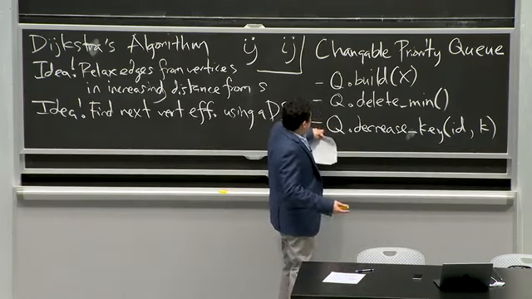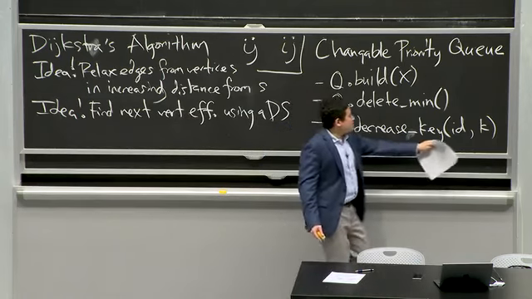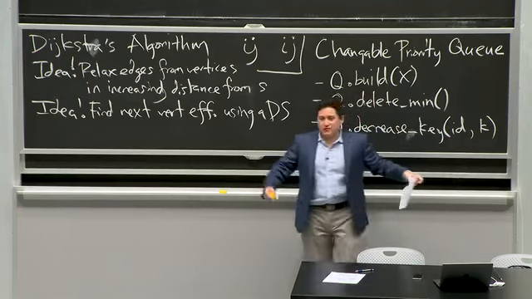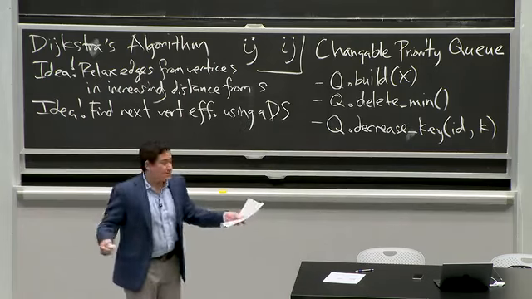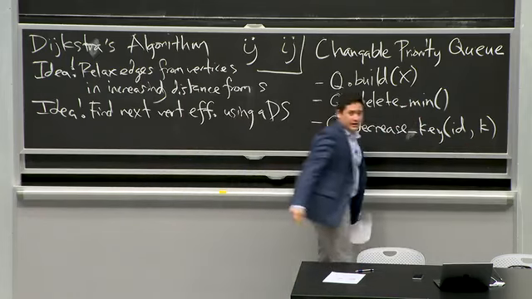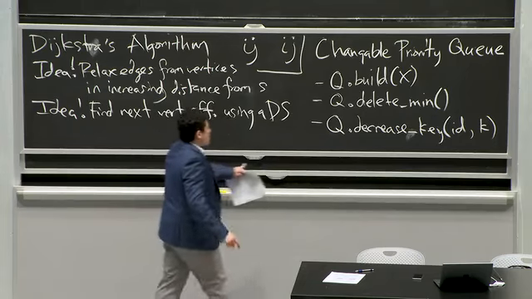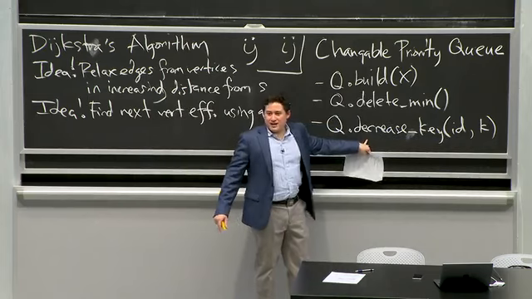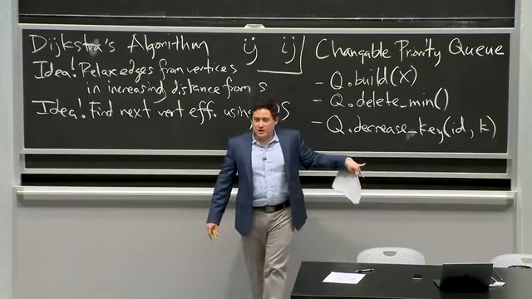So that when we perform this operation decrease key, it can find some item in our data structure with a given ID, and if it's contained there, it's going to change its key to some smaller value, k. Okay? And don't worry about the edge cases here. We're always going to make sure this k is going to be smaller than whatever that key was to begin with, all right? So this is really a kind of a funky operation.